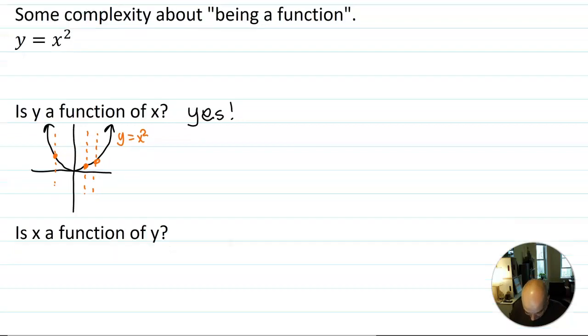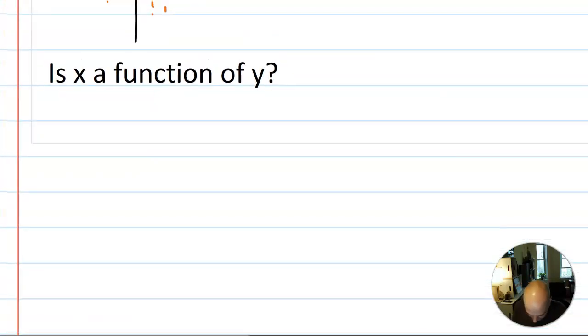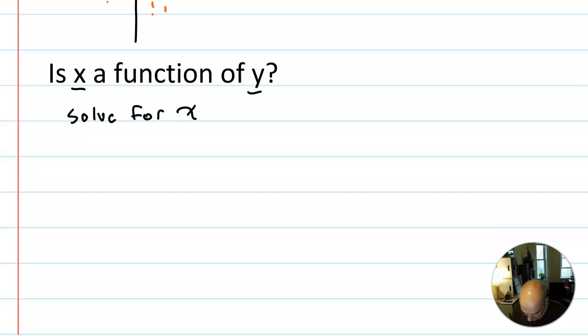However, if we ask, is x a function of y, switching the order, we need to solve for x. And check out what happens when we do. So we have y equals x squared. And then we might square root both sides, and we get plus or minus square root of y equals x. And all of a sudden, we kind of have a problem.